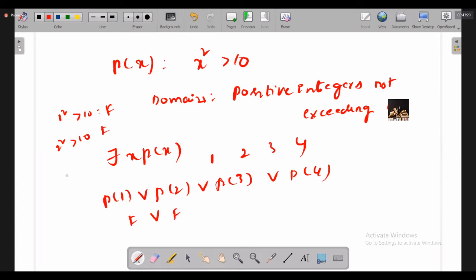Next, 3 squared, 9, greater than 10 is also false. 4 squared, 16, greater than 10 is true. So since any one is true, it is true. Okay, note down.